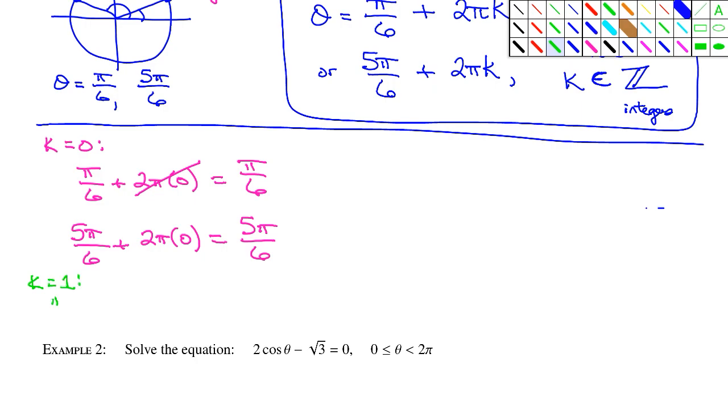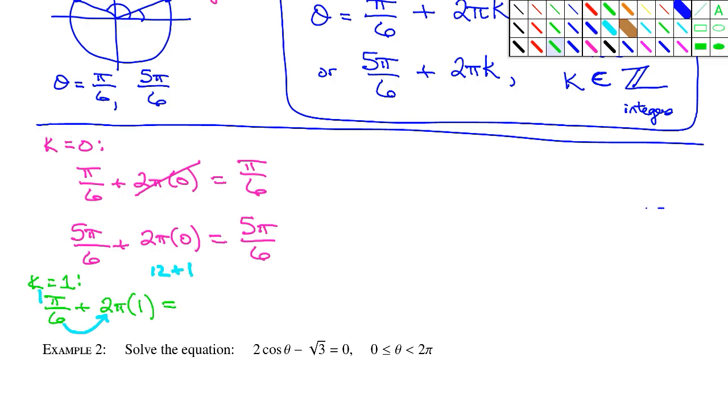That would be pi over 6 plus 2 pi times 1 is equal to, and here you have to figure out a way of adding these fractions together. Let me show you the trick that I use. I do the denominator times whatever number is going to be here. In this case, 2 times 1 is 2. 6 times 2 is 12. And then there's a 1 in front of this one, so plus 1.